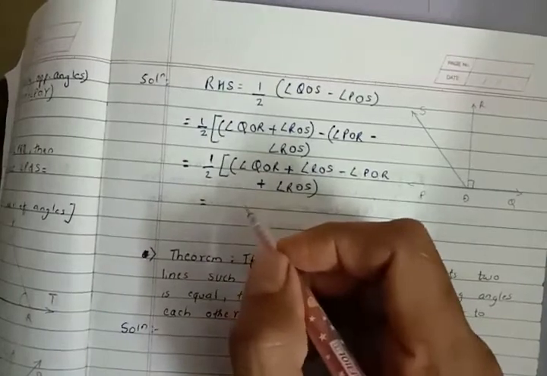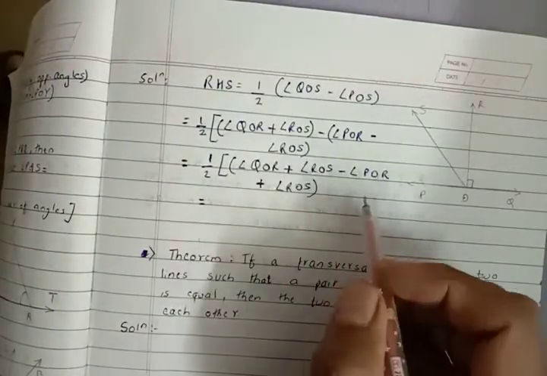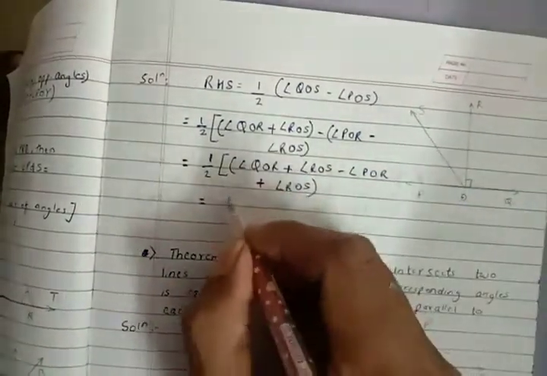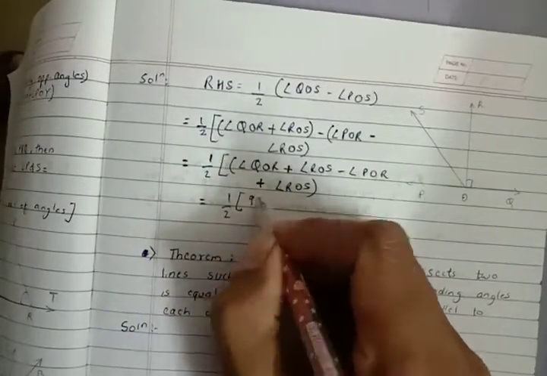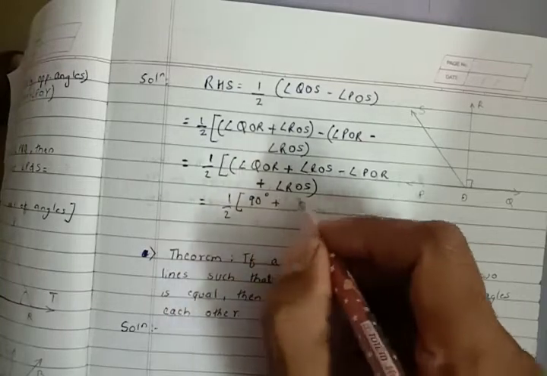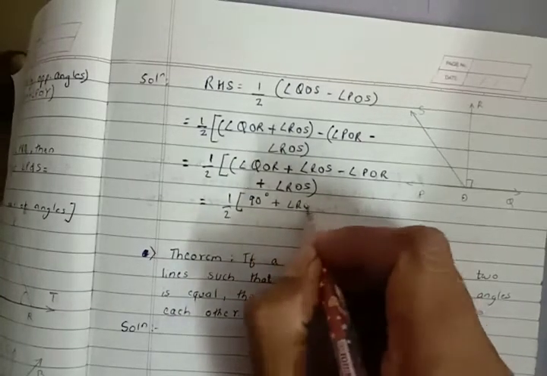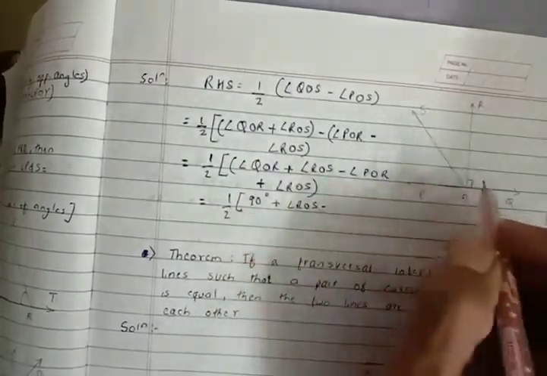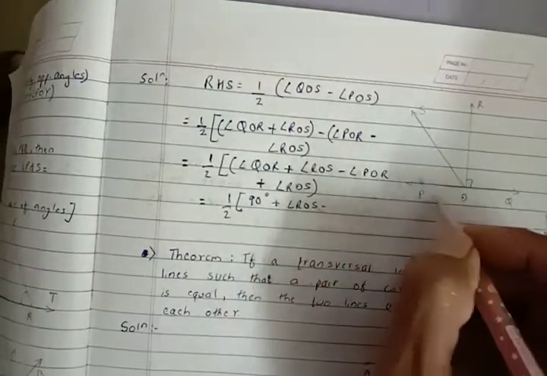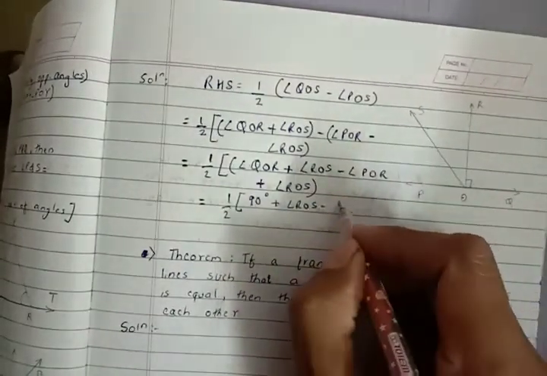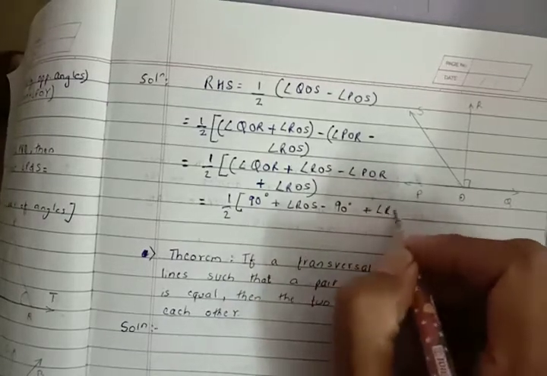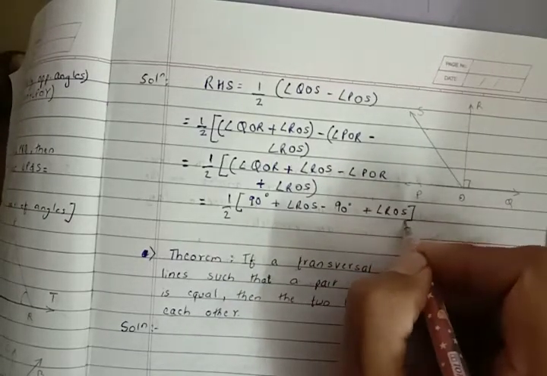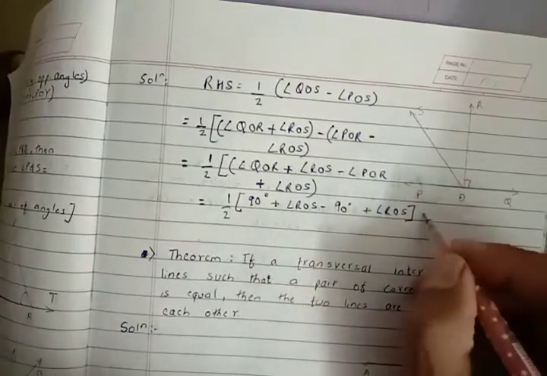Now we know that QOR is 90 degrees, and POR is 90 degrees. So we will write the values we know in place of the angles. Angle ROS we don't know, it is unknown, so we will keep it as it is.